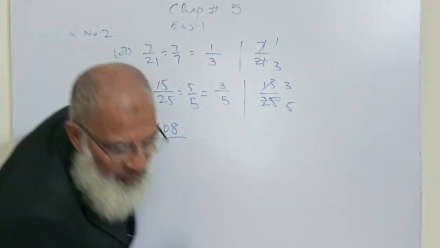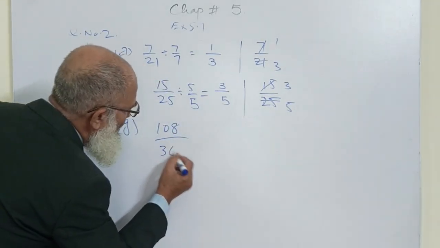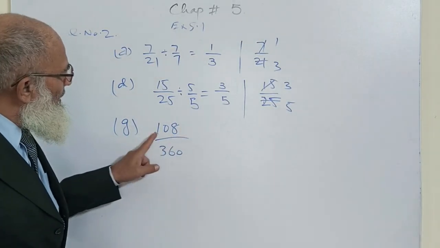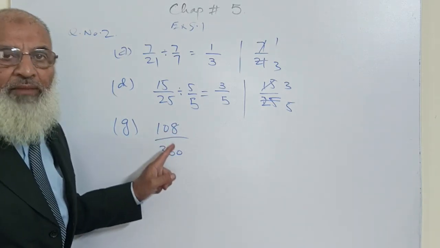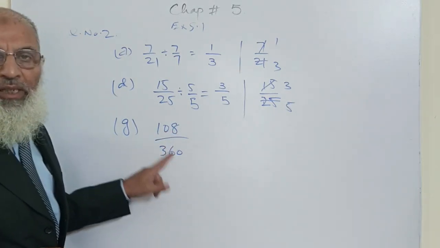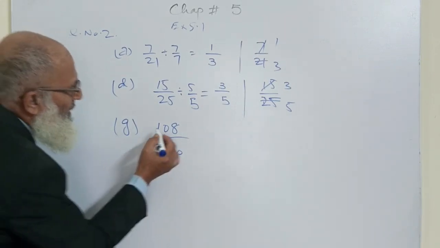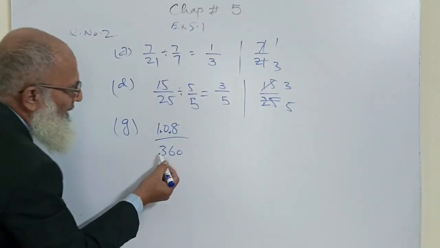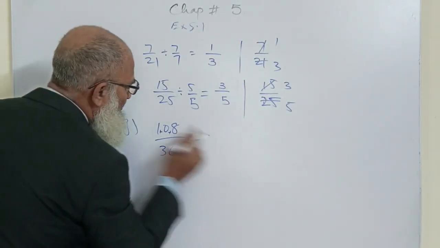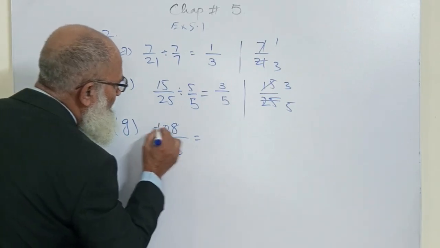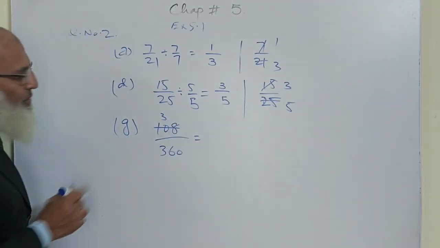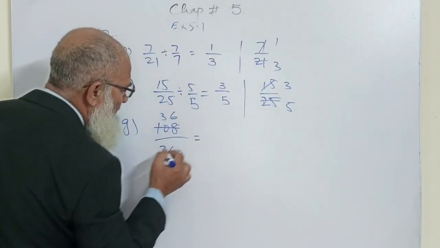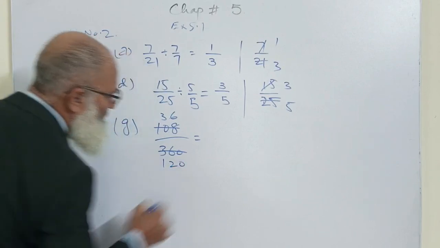108 divided by 360. Now you can see that this number 108 is divisible by 3. This is also divisible by 3 because if I add the digits, it will become 9 and it also becomes 9. So it is divisible by 3. 3 times 9 is 27, 1 came out of it, and 3 6 times 18. 3 1, 3 2, 3 0.